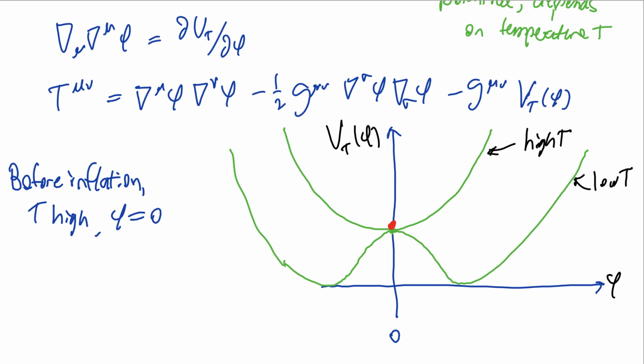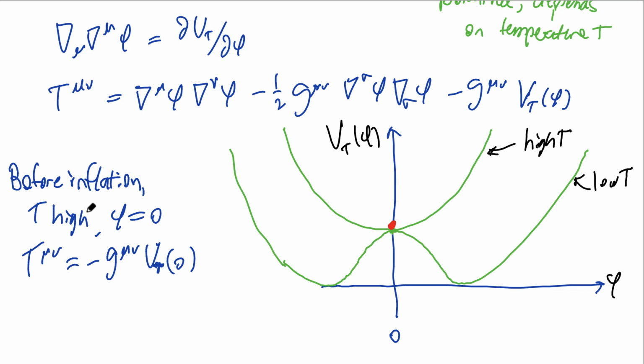So this is a solution, and you can see that the stress energy momentum tensor for phi equals 0, this term is 0, this term is 0, we simply have T mu nu equals minus g mu nu times V sub T at phi equals 0.